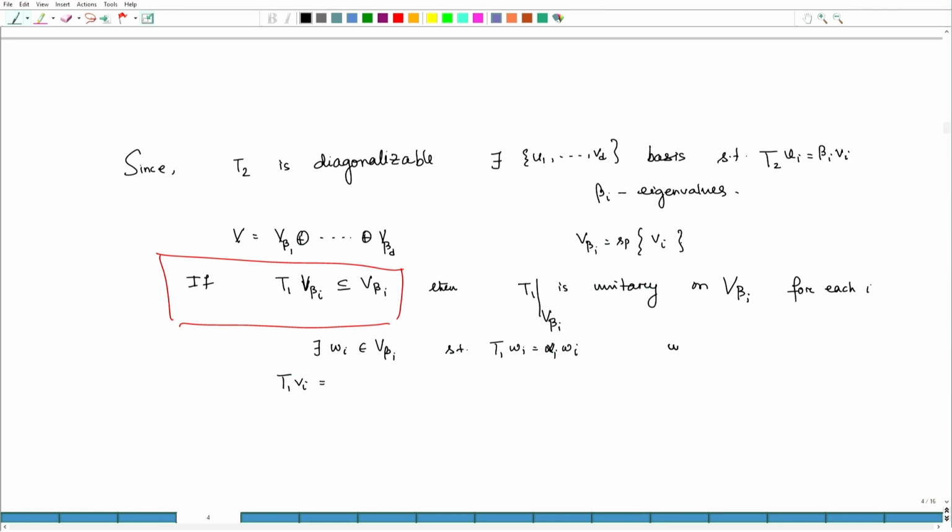By the way, this Wi is nothing but some ri Vi, because Wi belongs to V beta i, which is a one dimensional subspace.